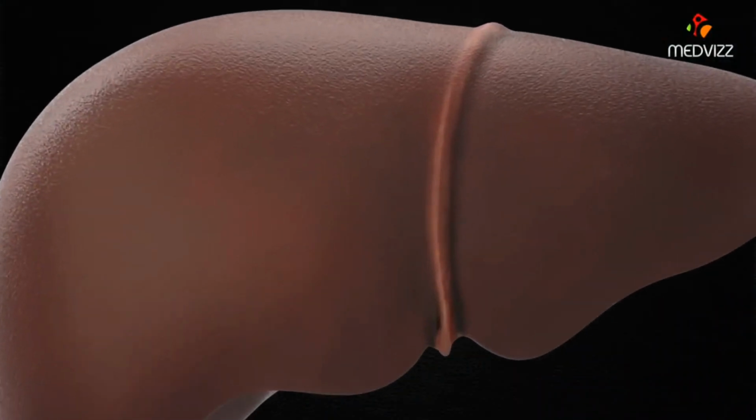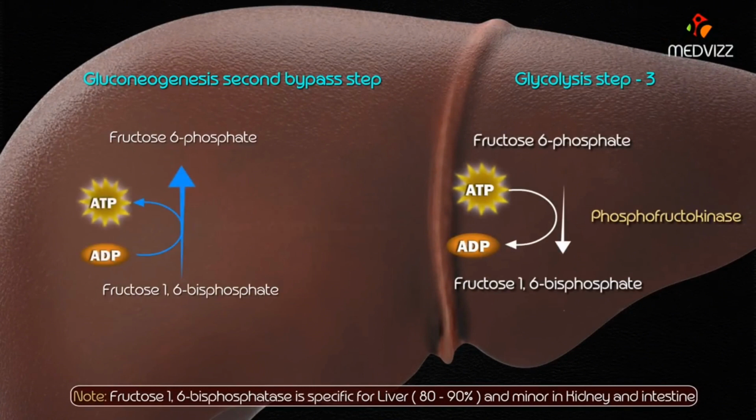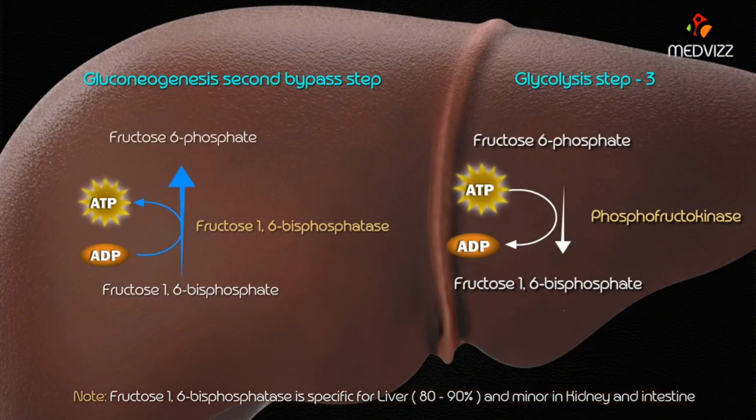The enzyme present in the liver is called fructose 1,6-bisphosphatase. So here the fructose 1,6-bisphosphate is acted upon by fructose 1,6-bisphosphatase to form fructose 6-phosphate, and another step is bypassed. This bypasses the PFK1 reaction, that is step 3 of glycolysis.